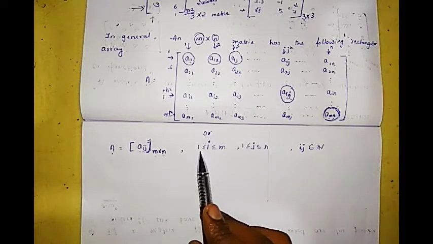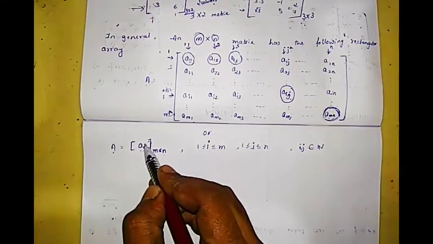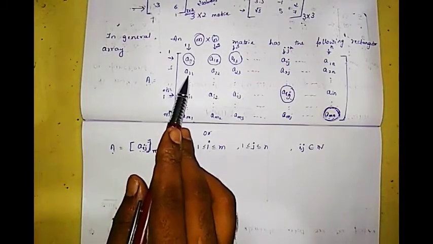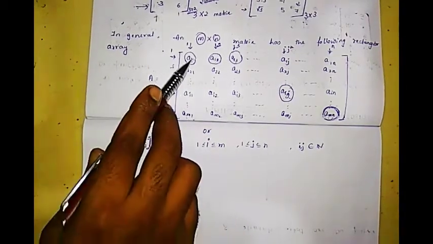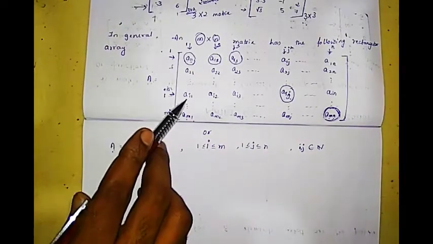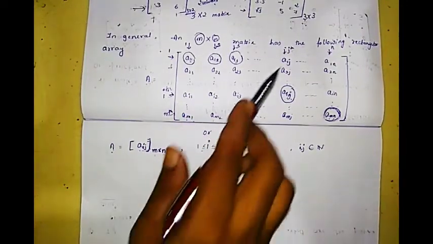i starts from 1 to m, right? In Aij, this i runs 1, 2 up to m. Look at the first number.